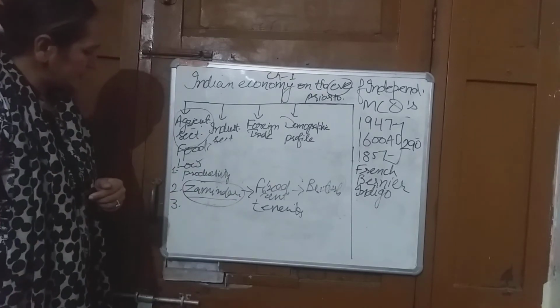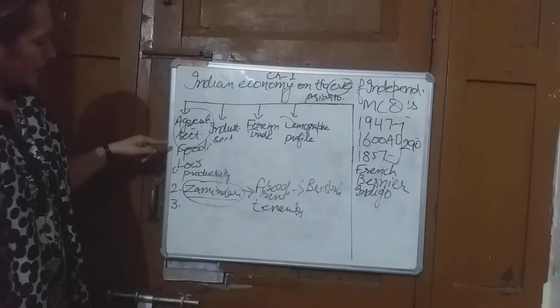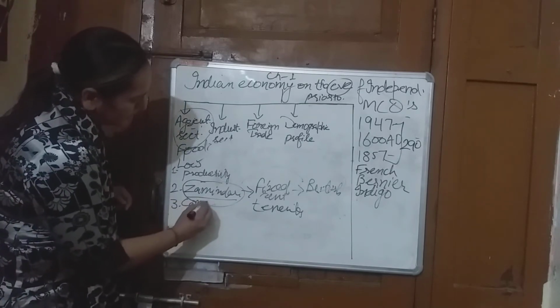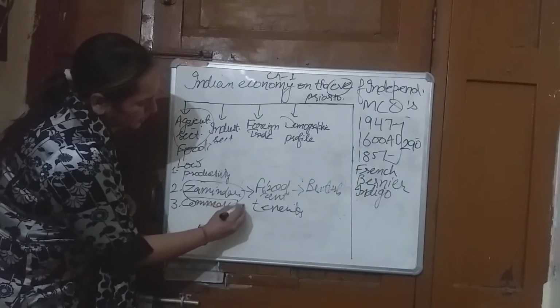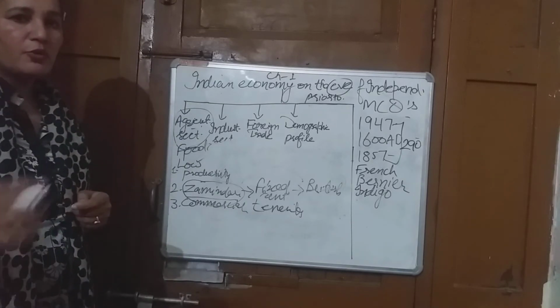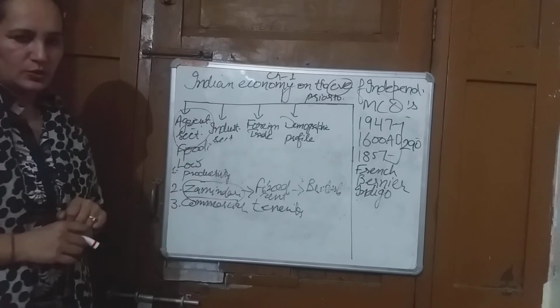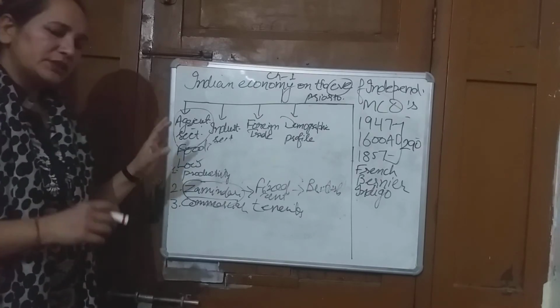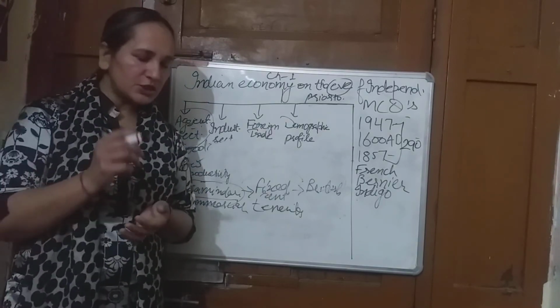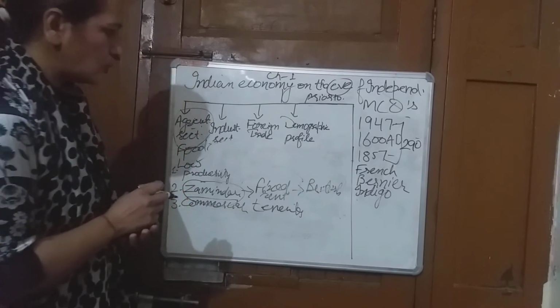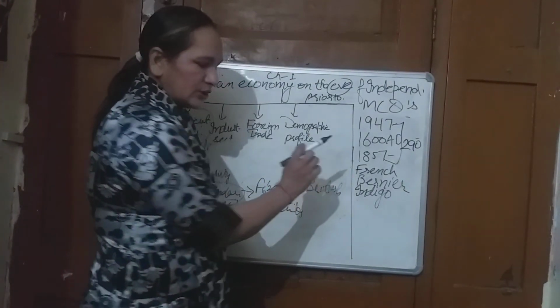Then third point is commercialization of agriculture. Before the arrival of the Britishers, Indian farmers were growing food crops only, for their self-consumption. But the British government compelled them to grow commercial crops like indigo.